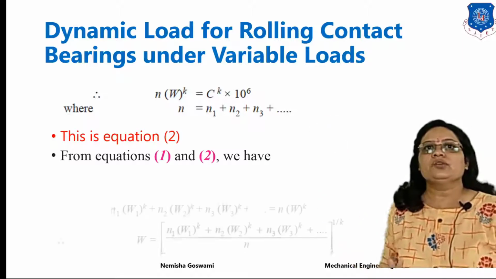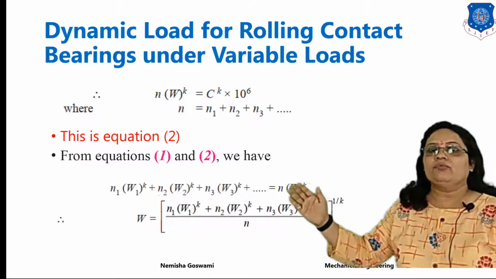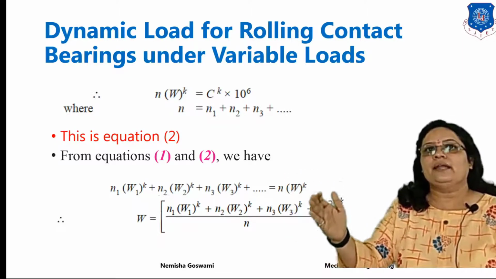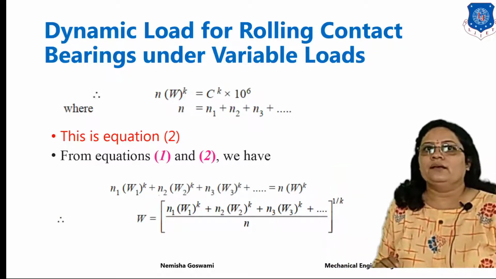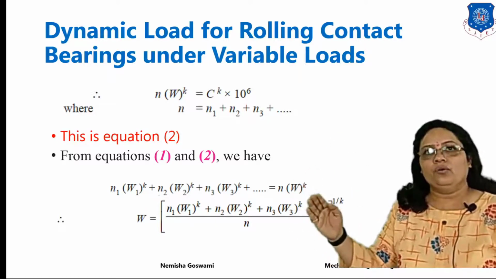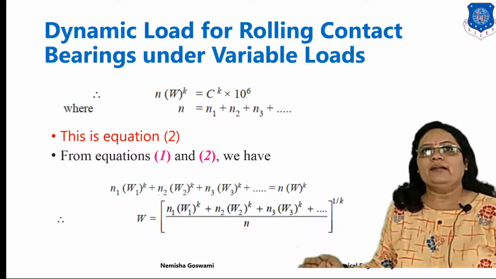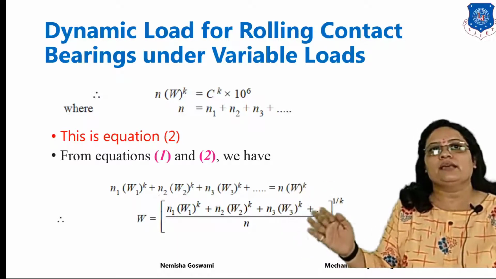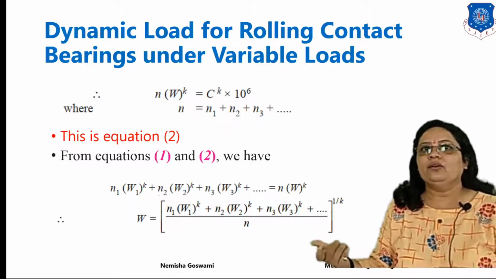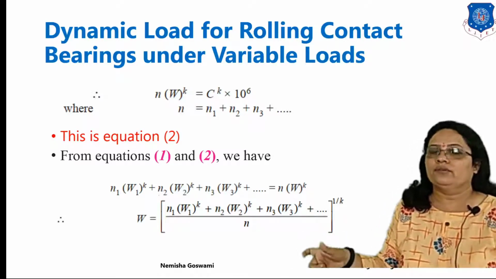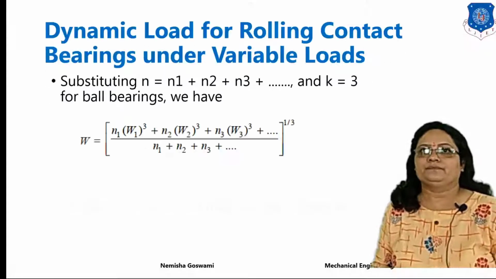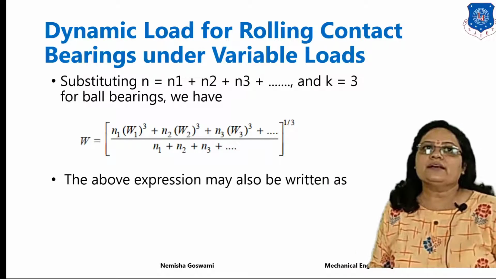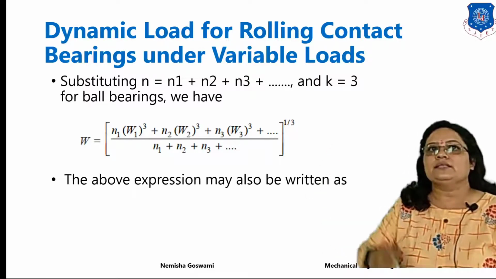So from these two equations we get N1 W1 to the power k plus N2 W2 to the power k plus N3 W3 to the power k is equal to N W to the power k. So the load W is equal to (N1 W1 to the power k plus N2 W2 to the power k plus N3 W3 to the power k and so on, divided by the total number of revolutions N) to the power 1 upon k, where N is equal to N1 plus N2 plus N3. For a ball bearing, k is equal to 3.